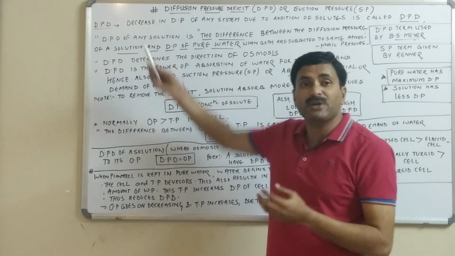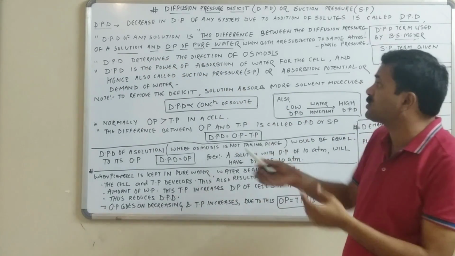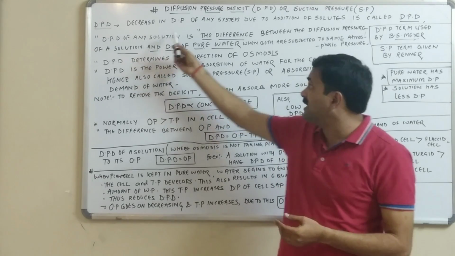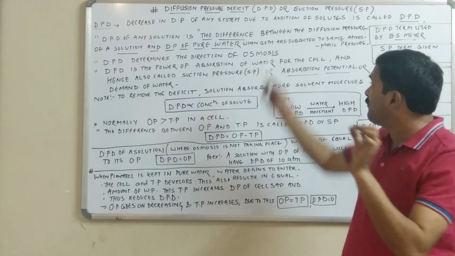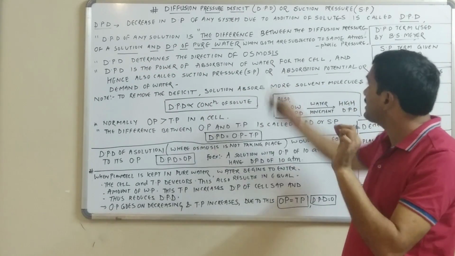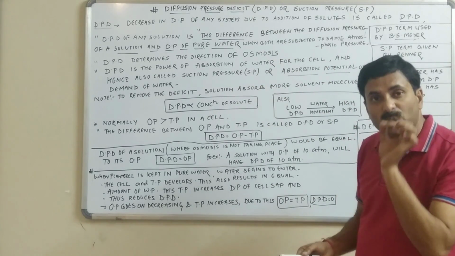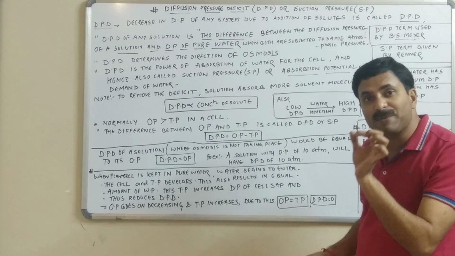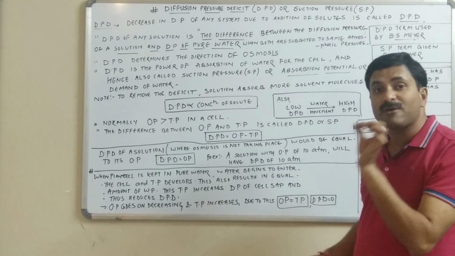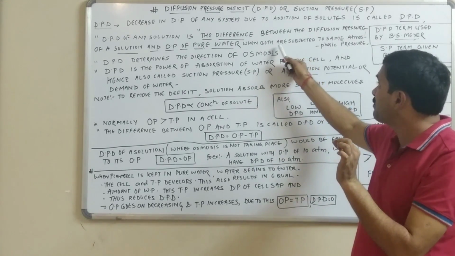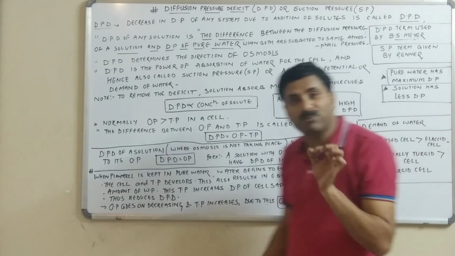Now we can also define DPD in this manner: the DPD of any solution is the difference between the diffusion pressure of the solution and the diffusion pressure of the pure water when both are subjected to the same atmospheric pressure.